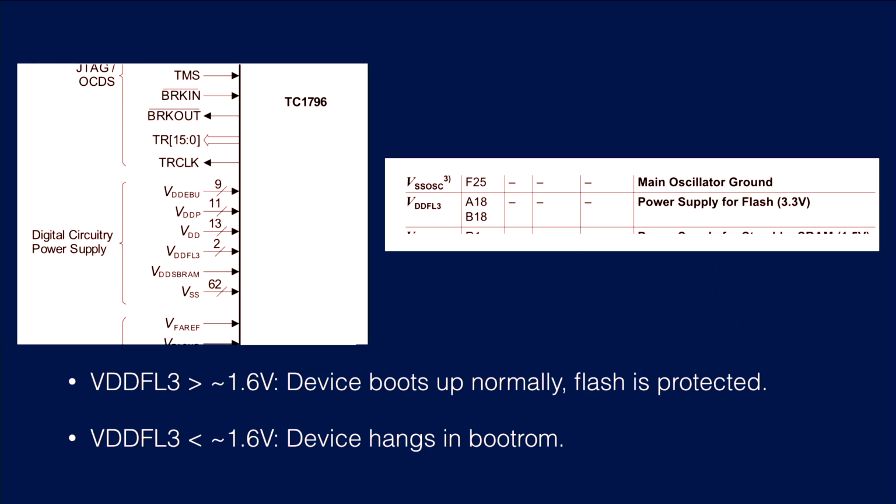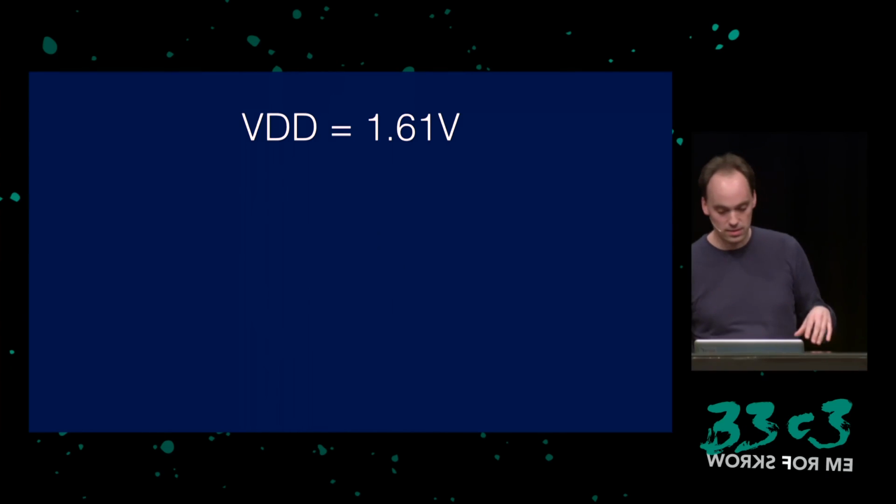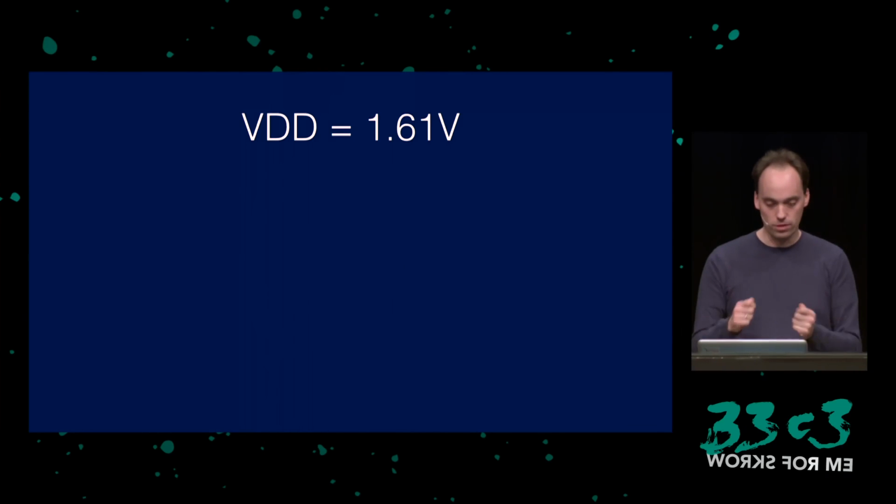The requirement is 3.3 volts. So let's see what happens outside of that range. It turns out that down to a certain voltage level, roughly 1.6 volt, everything just works as normal. That doesn't help us. And below that voltage, the device hangs in the bootloader, so that doesn't help us either. The interesting parts happened at a very specific voltage level, and this is a little bit unscientific because it's really just a voltage level I tried.